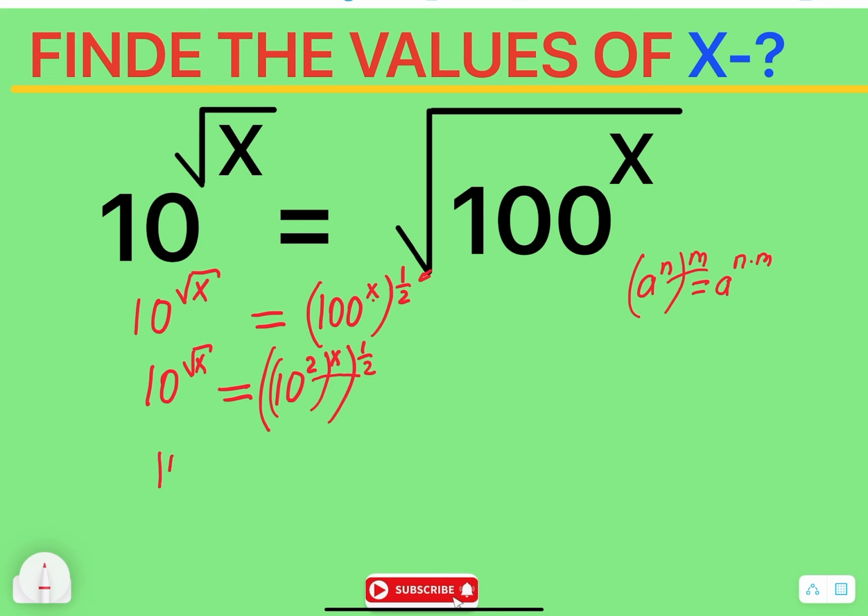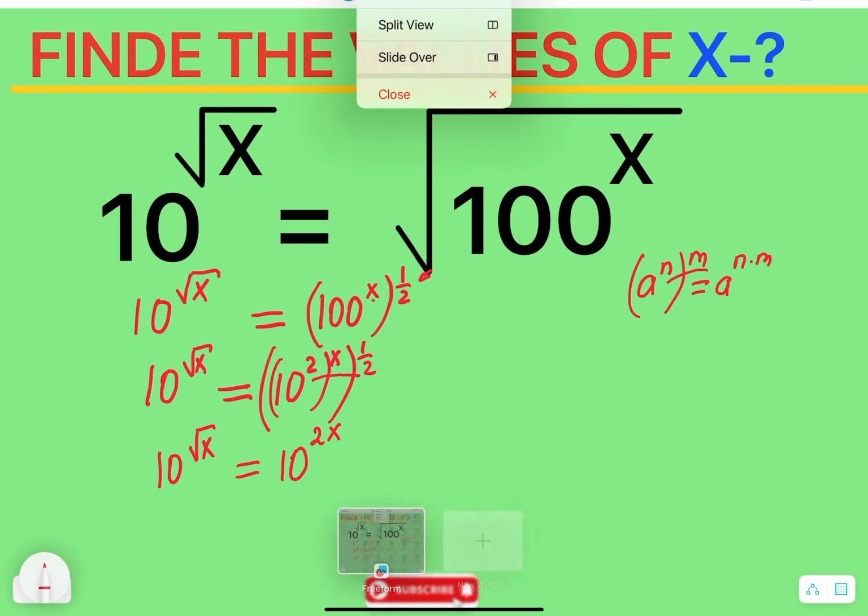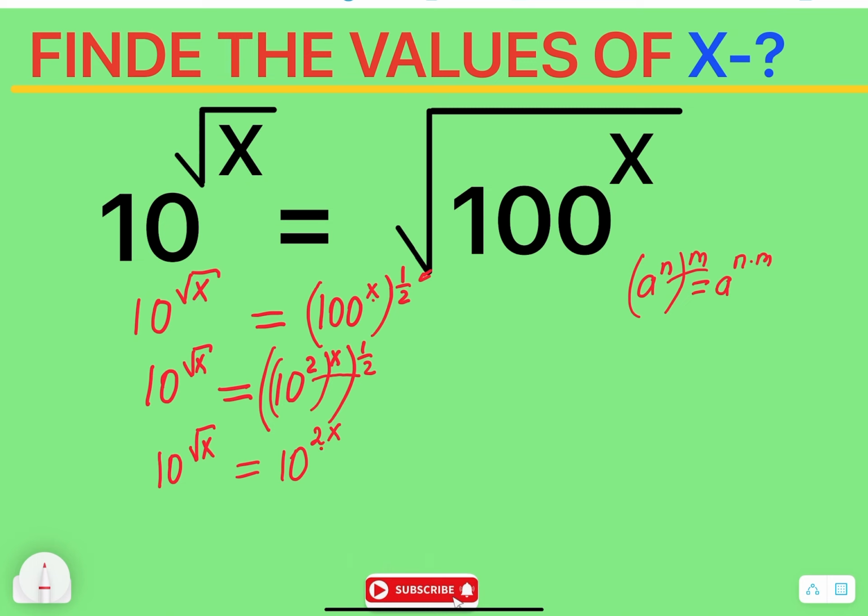So we will have on the left side 10 to the power of square root of x equals 10 to the power of 2x divided by 2.